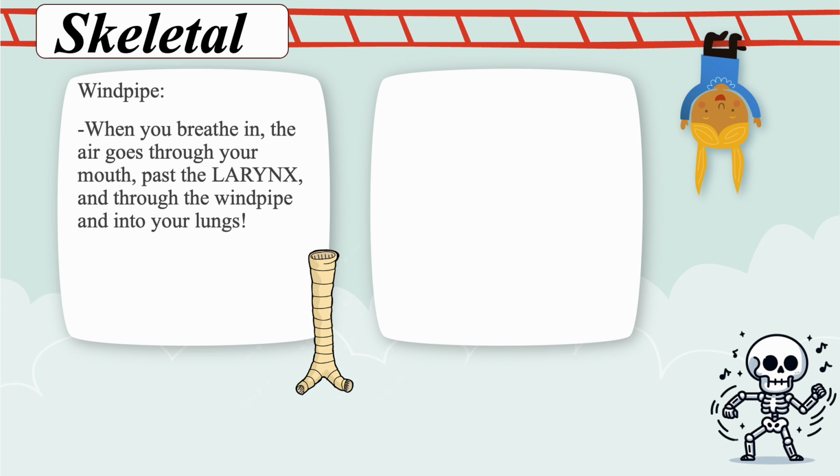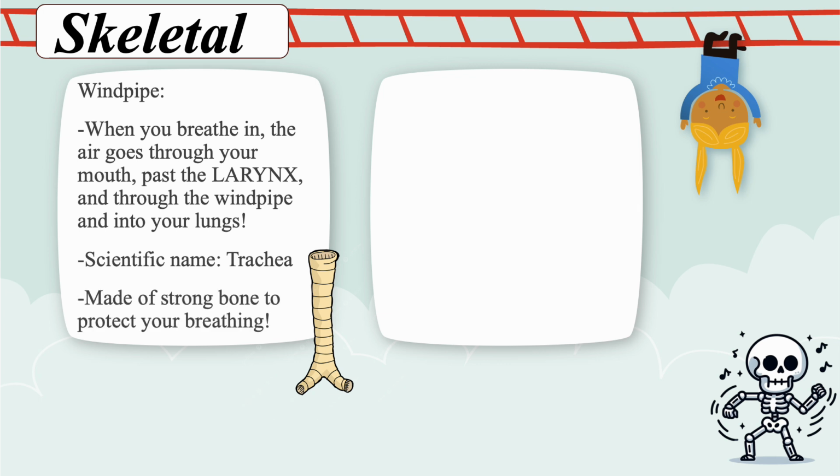And we create sound through the air with which we exhale and inhale. So basically, the air is going in our mouth, through our larynx, through the windpipe, and into our lungs. And the scientific name for the windpipe is actually trachea, but I know a lot of us call it the windpipe, so we're just going to stick with that for right now.